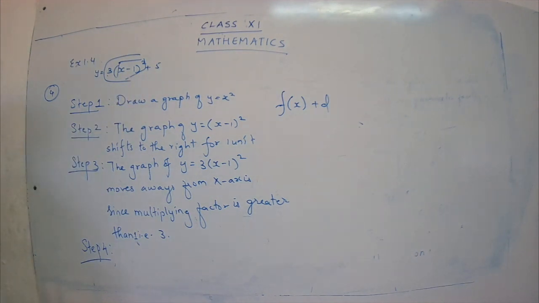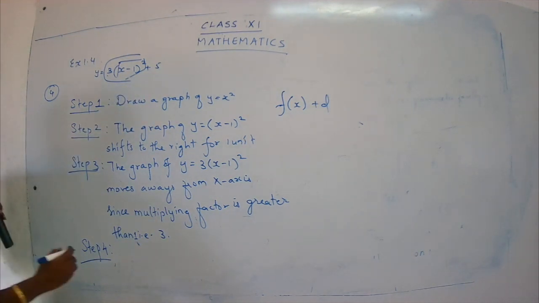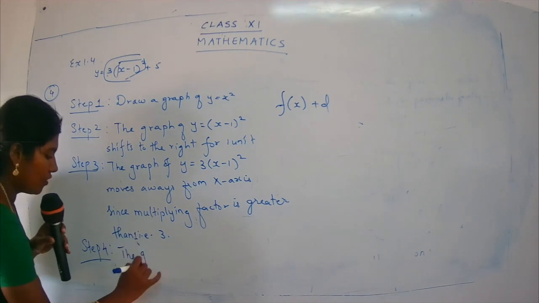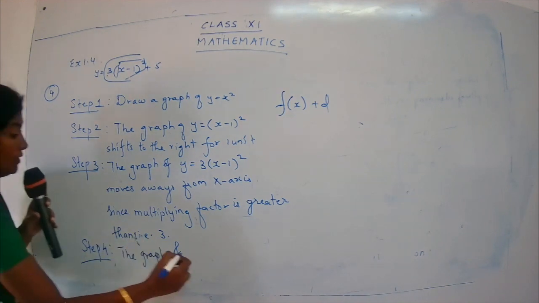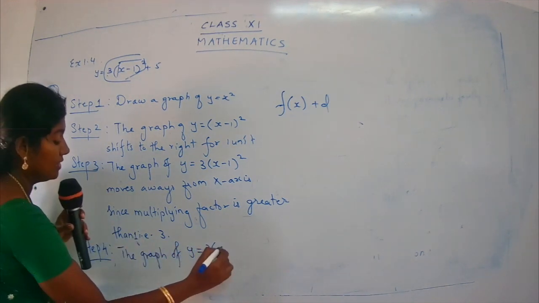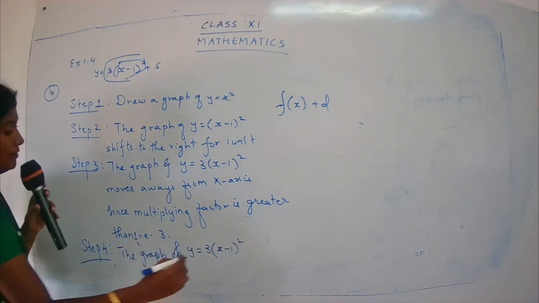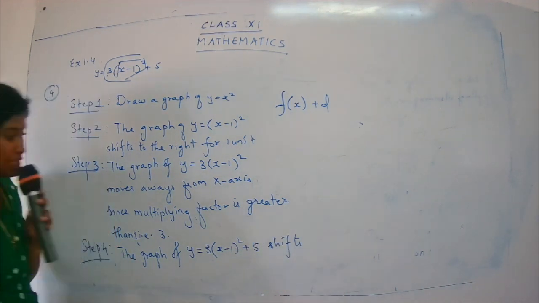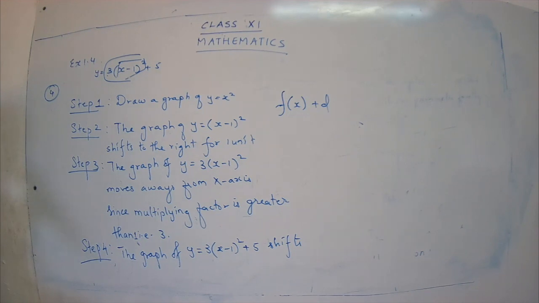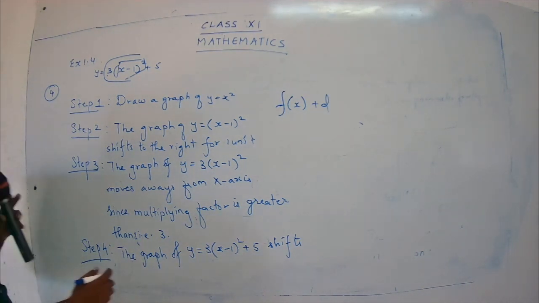So let's conclude the statement as step 4. We write over here: the graph of y is equal to 3x minus 1 the whole square plus 5 shifts. Where is it going to shift? It is going to shift upward for 5 units.